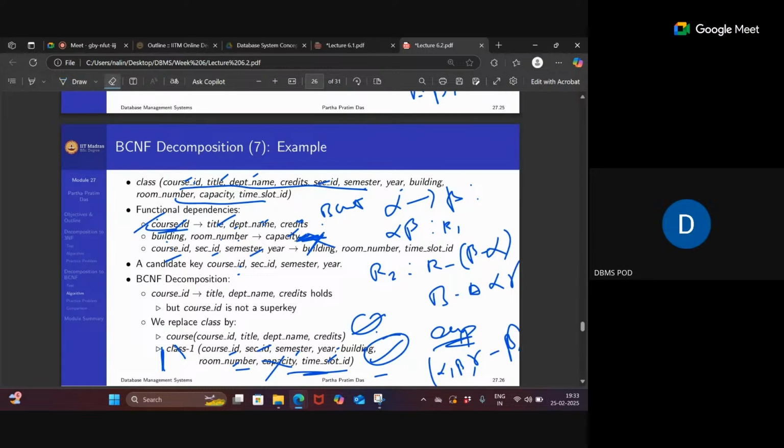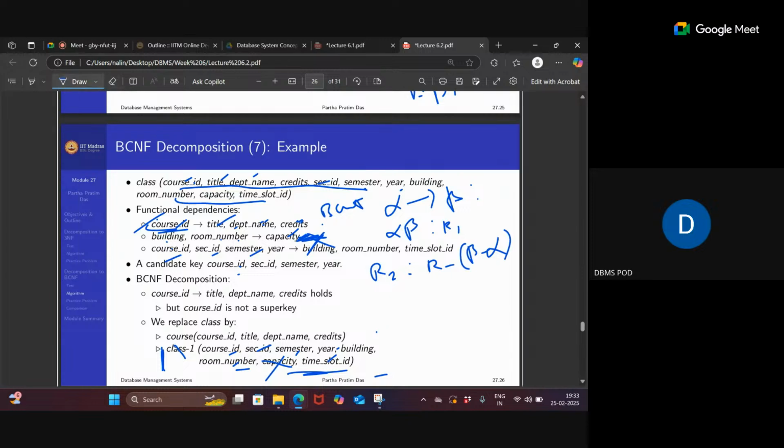For every BCNF-breaking dependency, we create one table, and the other table can be R minus beta minus alpha. After decomposing, for each table we have to check whether it is in BCNF or not. Whatever dependencies hold for this table, we have to check whether they follow the BCNF rule. If they are not following, again the same thing: whichever table is not following the BCNF rule, that table we have to decompose.